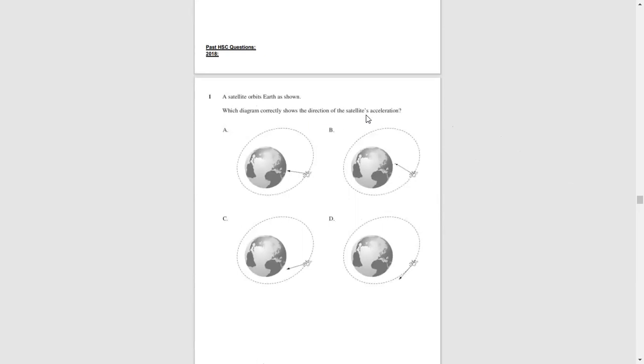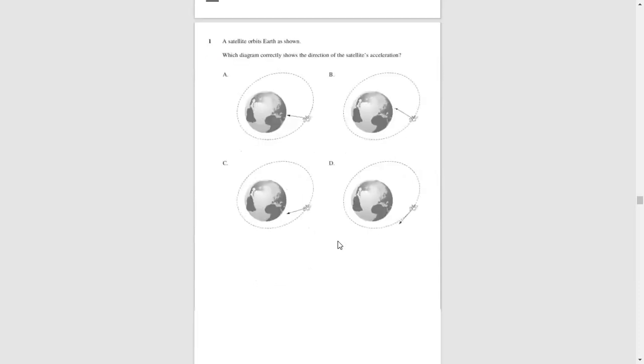Now, the direction of the satellite's acceleration, remember, is always towards the gravity. So basically, it's got to be towards the center of Earth. So not that. That's probably closest to the center of Earth out of all the diagrams there. So A. Okay, it's not towards the center of the ellipse. It's towards the center of Earth. That's your gravitational pull.